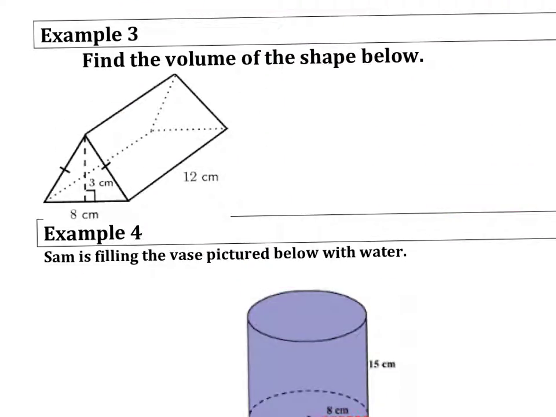Example 3. First, I identify the figure. This one is a triangular prism. Now the one thing we do want to make sure we're careful of here is the base doesn't have to be laying down.